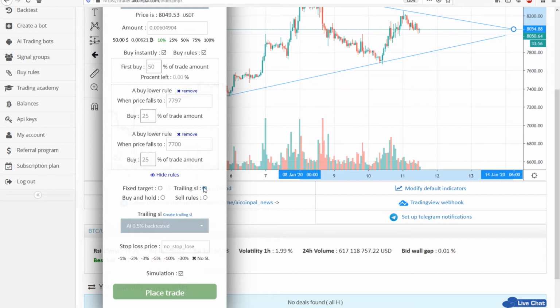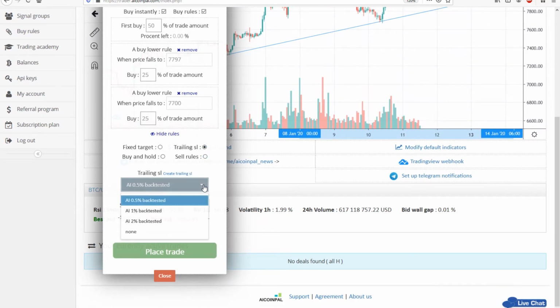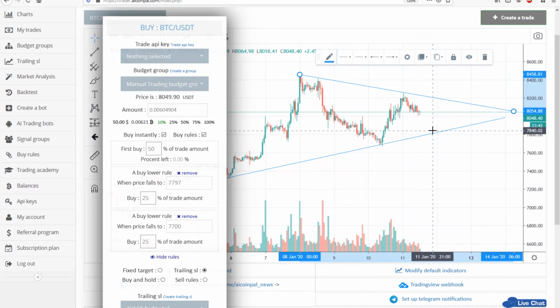We can use trailing stop loss strategies, and by default we offer 3 different trailing stop loss strategies, which means that the price will be trailed by 0.5%, by 1%, by 2%. In simple words, whether it's the system or you at this point who buys instantly right here, and the price starts rising. Let's say in this scenario, price started to rise. The trailing stop loss will lift the selling price instantly.